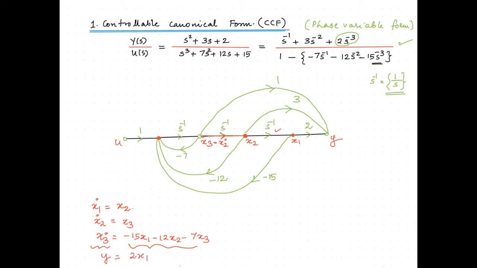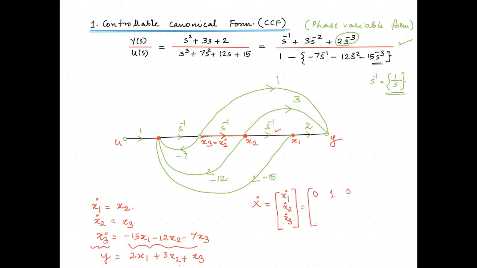Y equal to 2x1 plus 3x2 plus x3. Now we get a state model of the form x dot is equal to, that is we write x1 dot, x2 dot, x3 dot. It is called the state vector derivative.